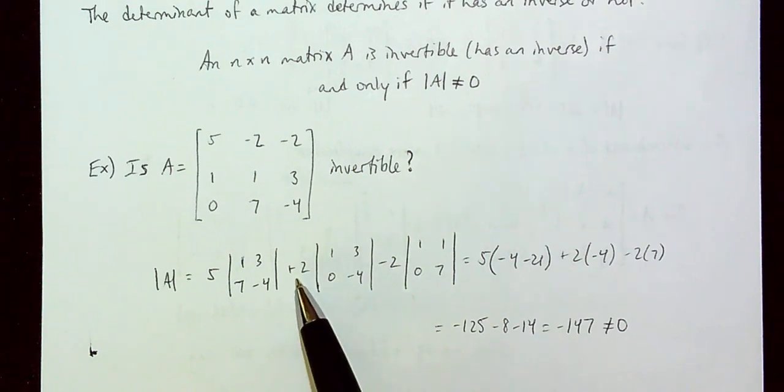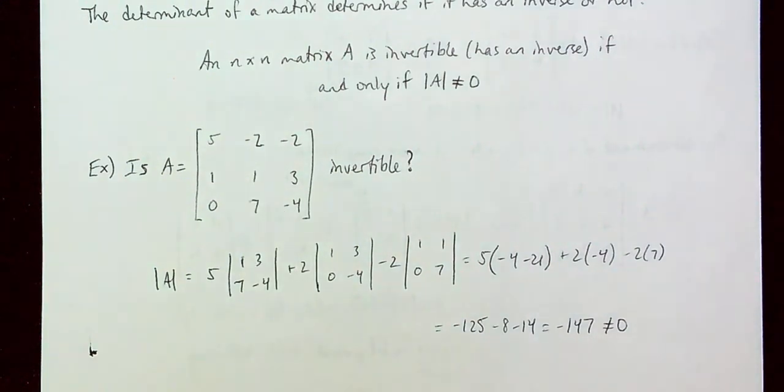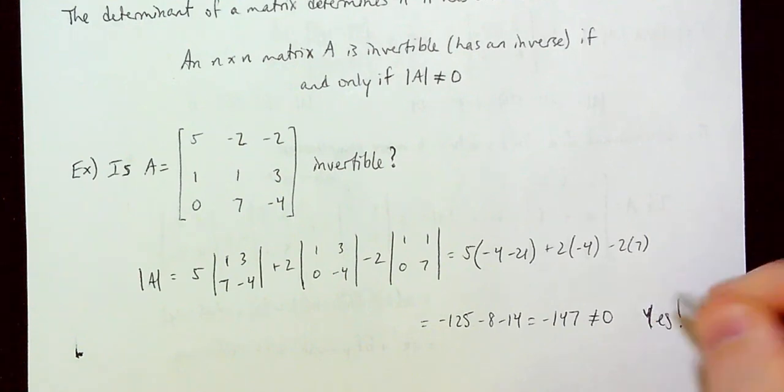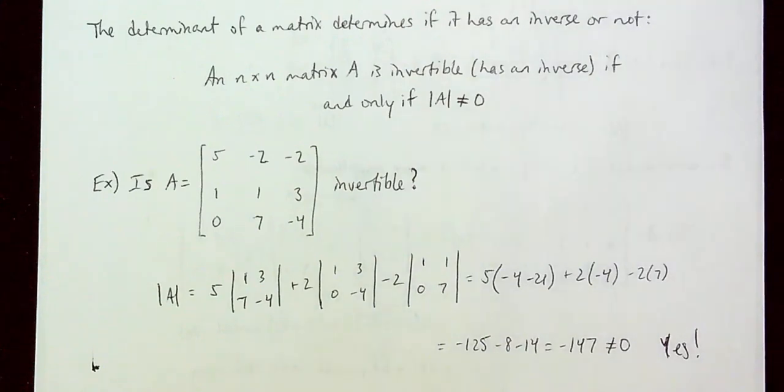This is a plus 2 because typically we'd have minus, but our value here is negative, so minus that minus becomes plus. And then we have minus 2 times the determinant of the 2 by 2 matrix 1, 1, 0, 7. Do those calculations, you should have come down to negative 147. That is clearly not 0, so the answer is yes. This matrix is invertible. It does have an inverse.